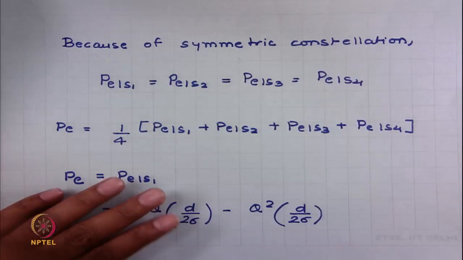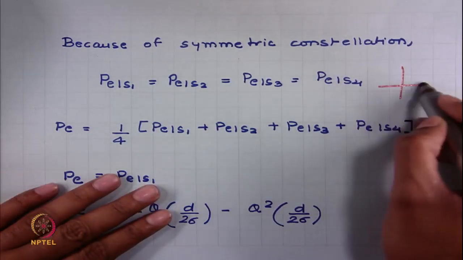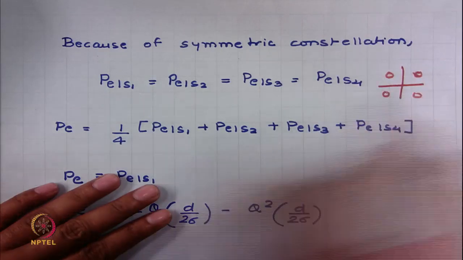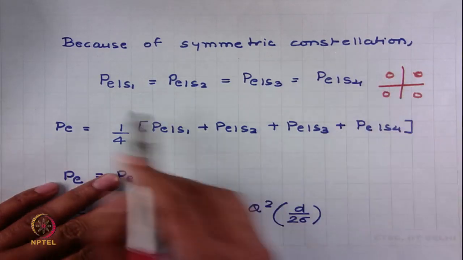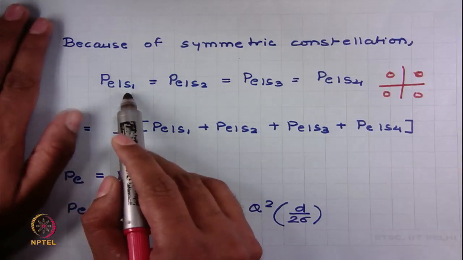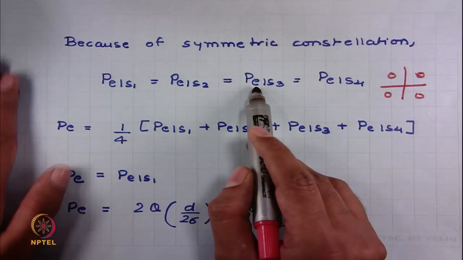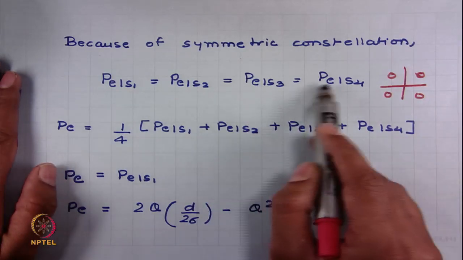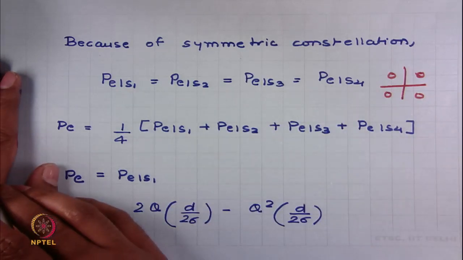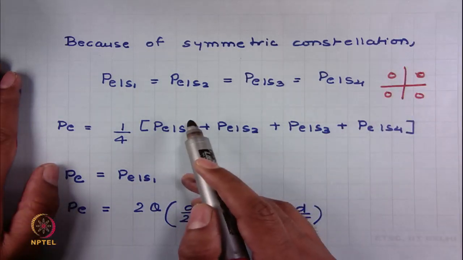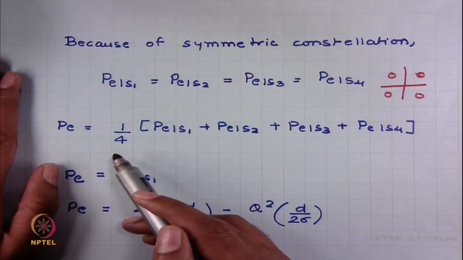Now, because this 4-QAM is a symmetric constellation, you can easily work out that the probability of error given S1 will be the same as the probability of error given S2, S3 and S4. All signals are symmetric to each other.